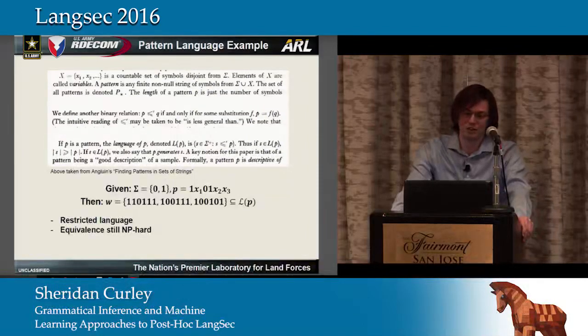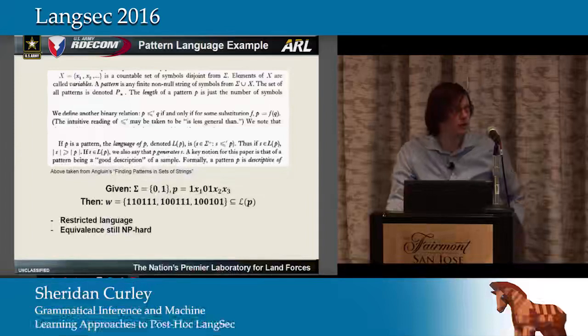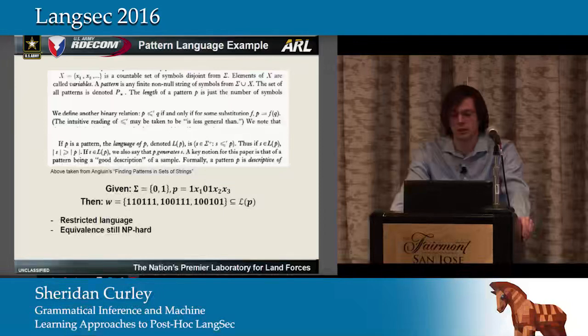So from a pattern language example, that top part's the definition. It's heavily into math, so if you don't want to read it, don't worry too much about it. Basically, an example of it is if we're given a simple alphabet, say 0 and 1, so a binary, we can construct a pattern. Here, x1, x2, x3 are variable stand-ins for the alphabet. Then we can consider a set of words where we've made substitutions for those variables, and that would be a subset within the language generated by that pattern.